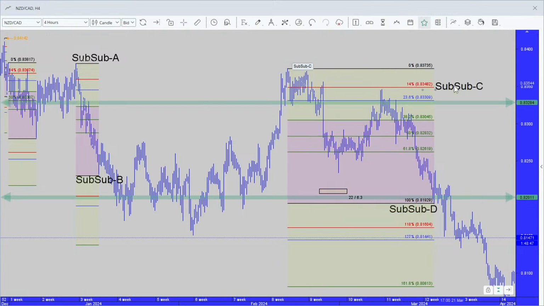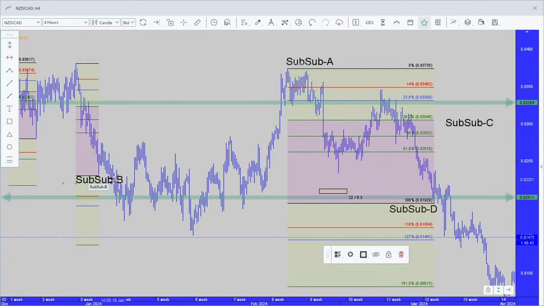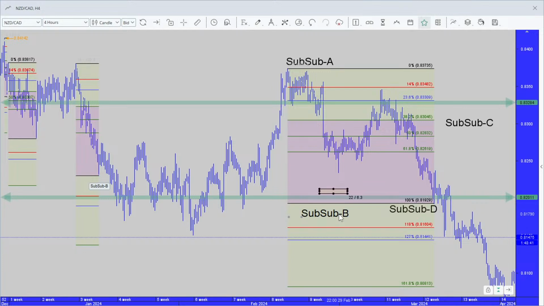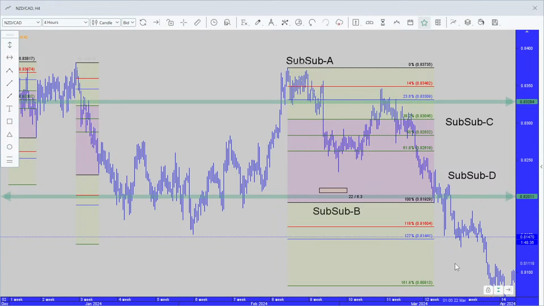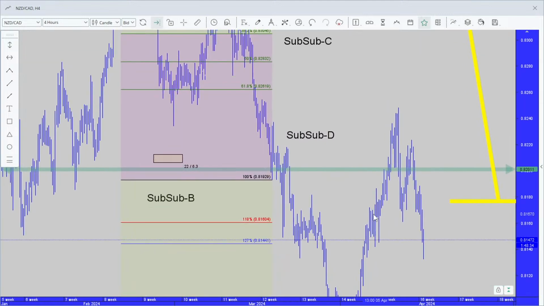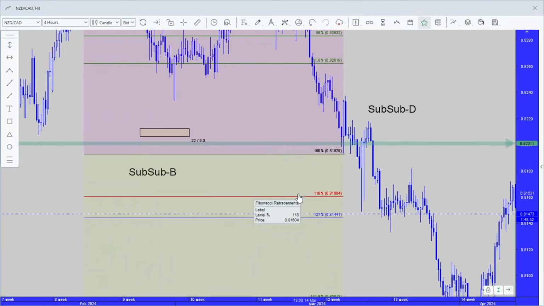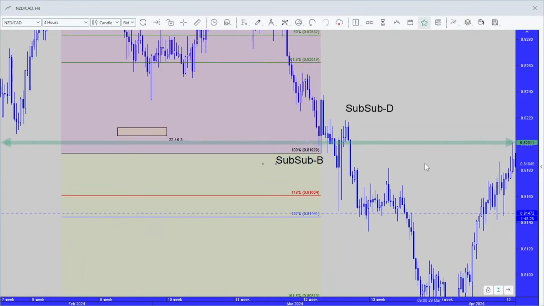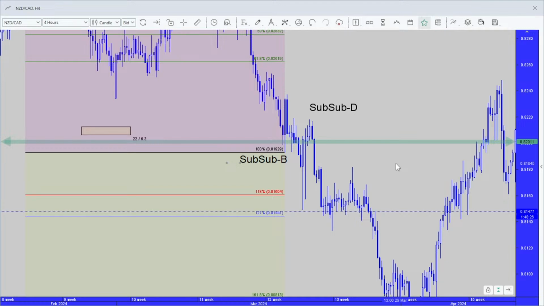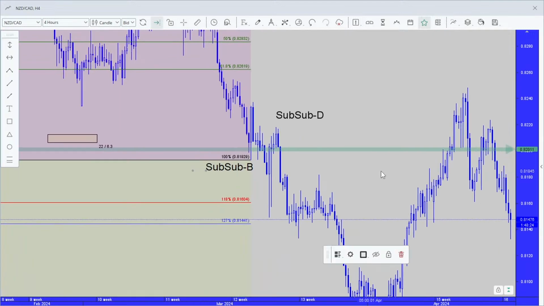Alright, so sub A goes to sub C. And that was the red one. I'm going to double check. Give me a second. Let's zoom in the chart. Sub B. And alright, yes, that's a low.